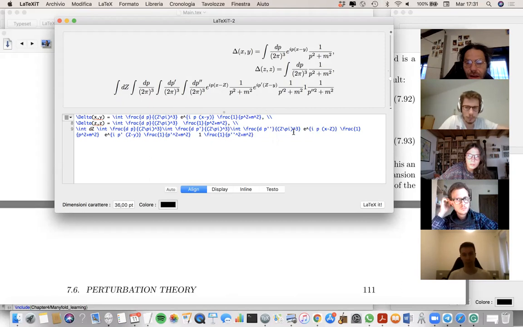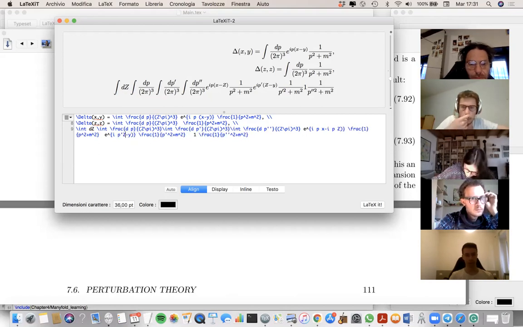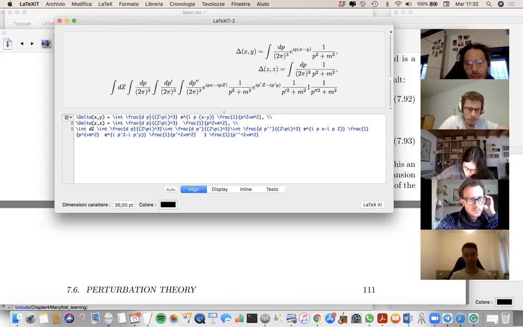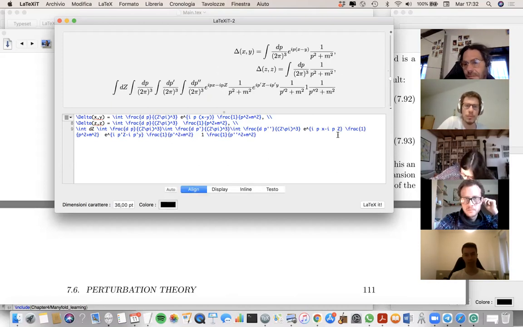So I'm going to rewrite these phases from here because I don't want to mess up. I'm just rewriting here, right? Of course, I don't have the square anymore. Okay. And then next, I'm going to collect everywhere I can the z. So let me take one more phase.